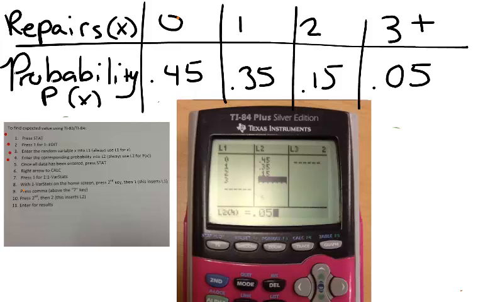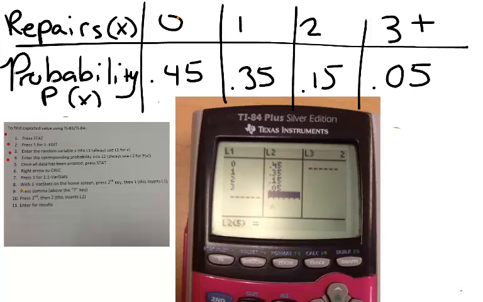That's step 4. Your screen should look like this. Once your data has been entered in L1 and L2, whoops, I forgot to put in my last value there. Okay, so once all of your values have been entered for L1 and L2, you'll press the Stat key.